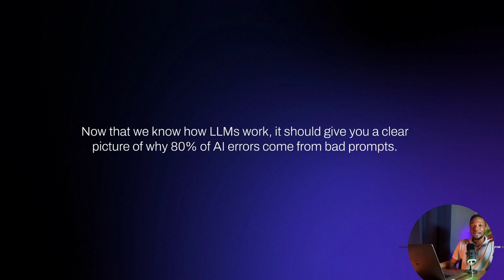So now that we have at least an understanding of what large language models are and how they work, you can start understanding why 80% of errors come from bad prompts. Being able to prompt your LLMs in a way that has more context will yield better results and output.